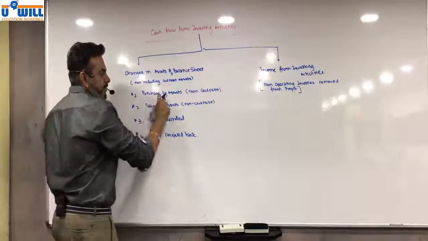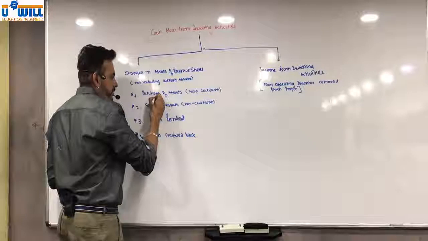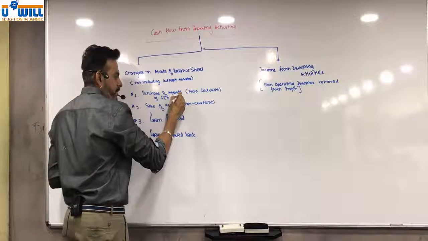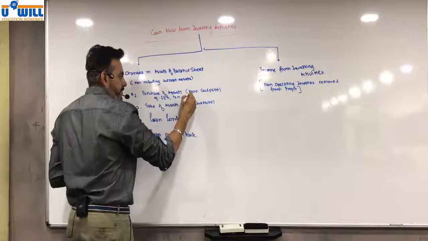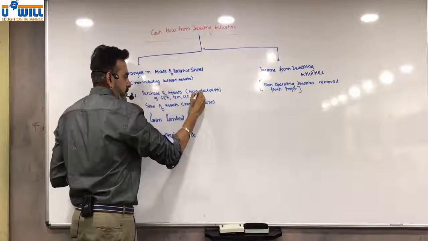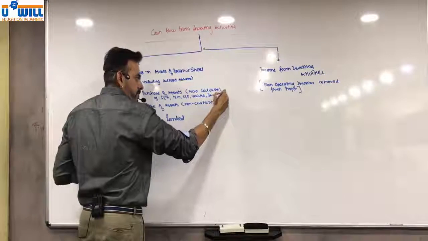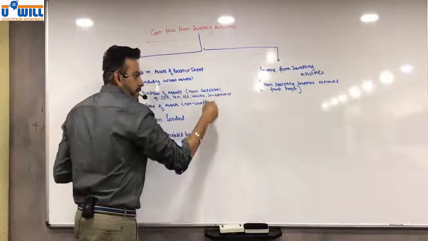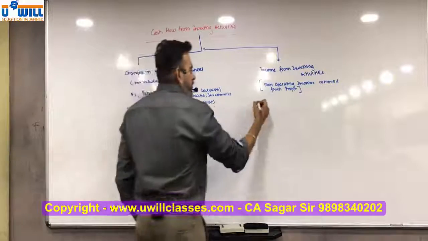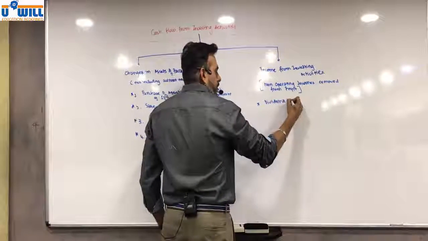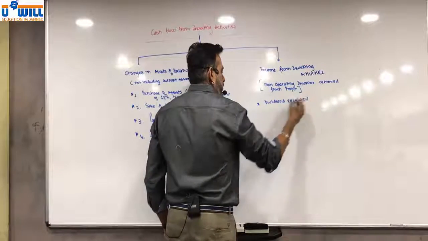Now, when we say purchase of assets, assets include various assets like land and building, plant and machinery, furniture and fittings, vehicles. Also includes investments. So what we get when we invest money, we can receive dividend. So dividend received.